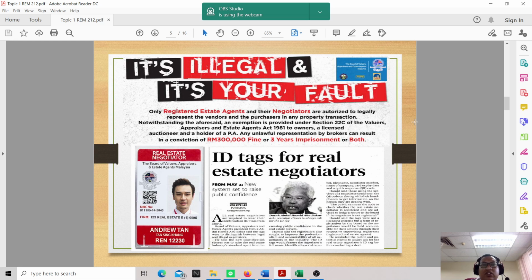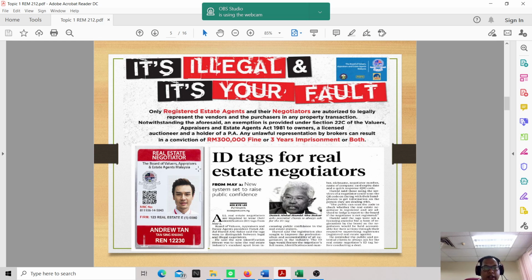They just want to get quick money, charging whatever service charge they want, 10%, 20%. I sell this 100,000 ringgit property, you give me 20,000 ringgit, so that's already 20%. But according to the Valuers, Appraisers and Estate Agents Act, you can only charge 3%. So bear in mind, there are legal repercussions if you don't do things correctly.